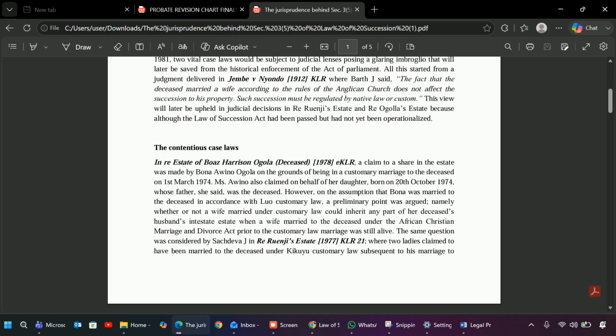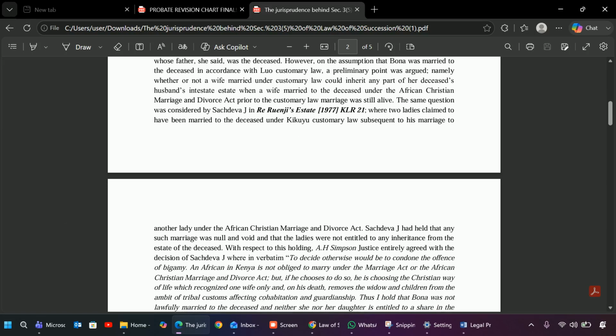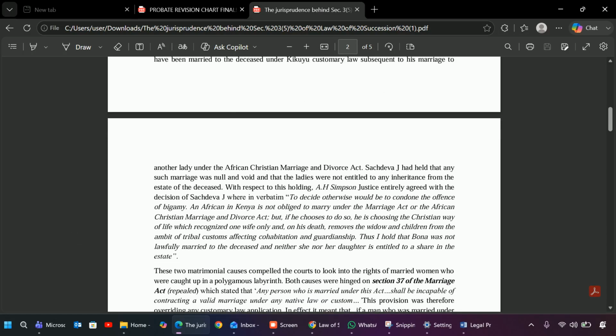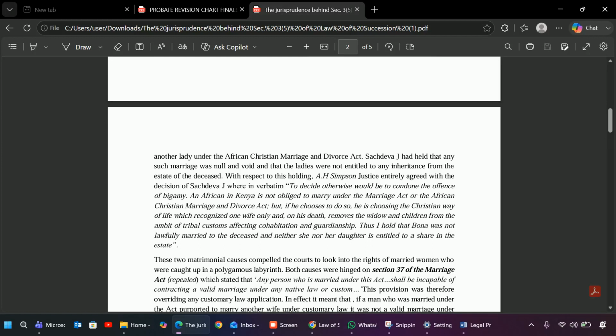The same question was also considered in the Ruwenji's decision, 1977, where two ladies claimed to have been married to the deceased under Kikuyu customary law subsequent to his marriage to another lady under the African Christian Marriage and Divorce Act. And Justice Devlin had held that any such marriage was null and void and that the ladies were not entitled to any inheritance from the estate of the deceased.